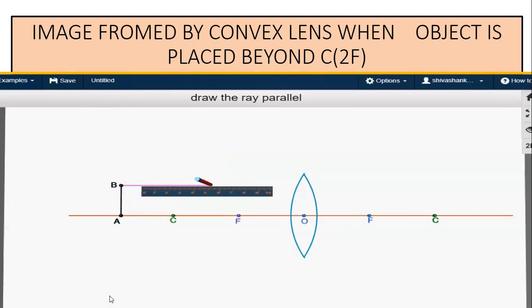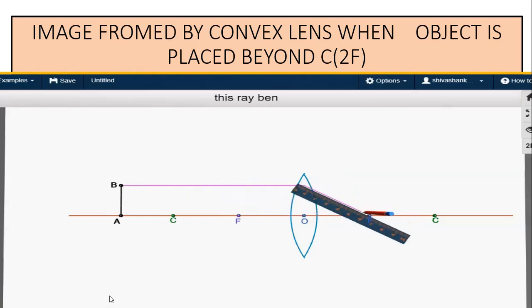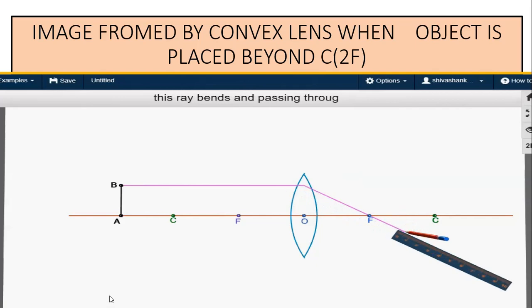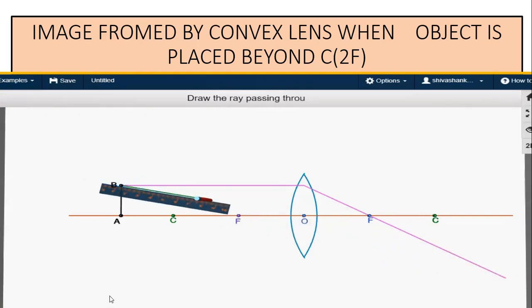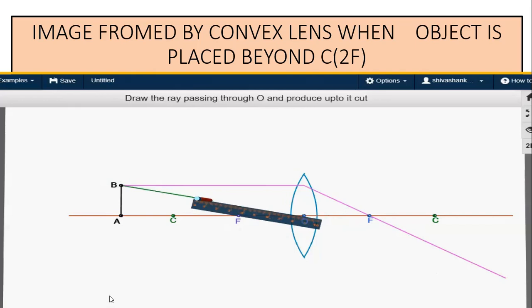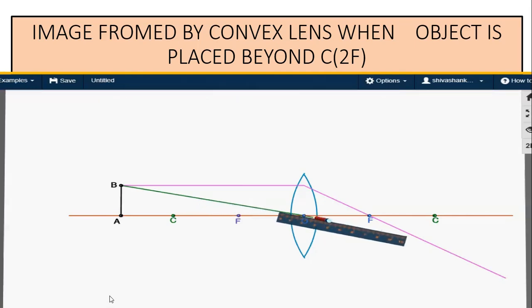Then draw one line parallel to the principal axis; from the lens it bends and passes through F, and extend it like this. Then take another ray from point B directly passing through the optic center and produce it. They converge at a point.